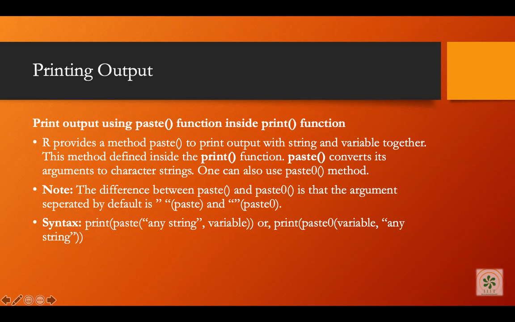After that, we have the paste function. This paste function is interesting if you want to make any message or string along with the variable name. There are paste and paste0, where paste0 means the arguments are not separated by default. In paste0 we have the variable first and then a string, and in paste we have a string first and then the variable.